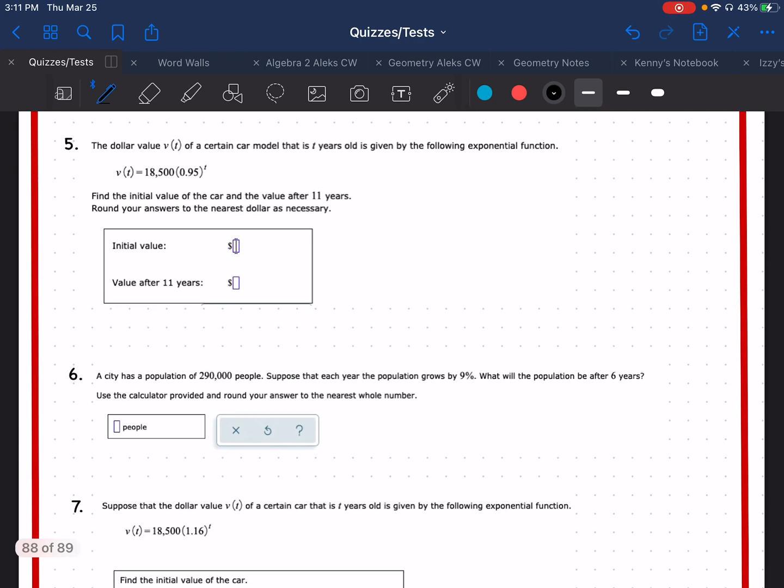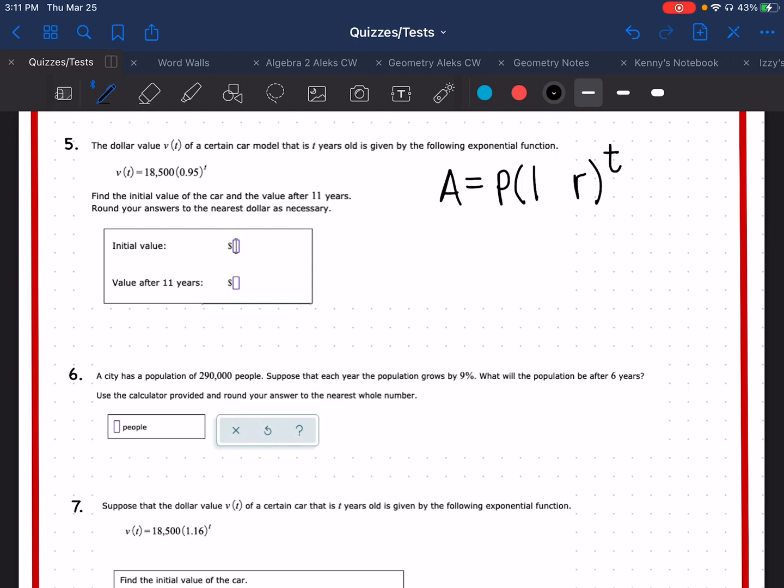All right, starting with number 5, we're going to move into our growth and decay models. So question number 5, the function is given for you, and you're just going to answer some questions. Remember the formula said A equals P times your rate of either growth or decay to the T power.